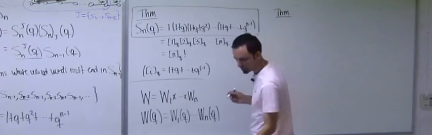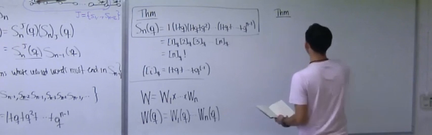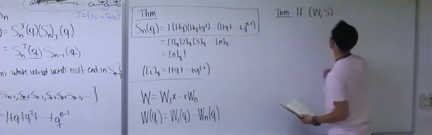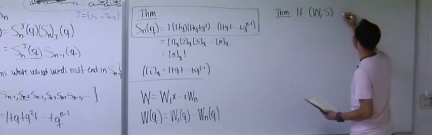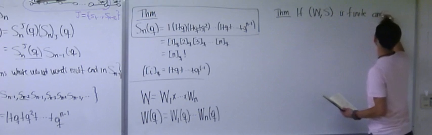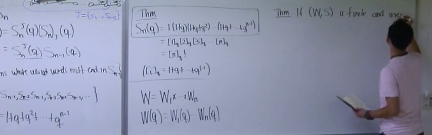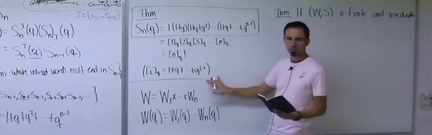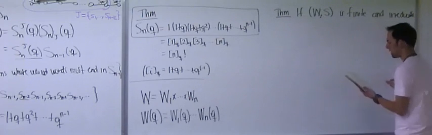Here's a theorem. Let's say that we have a Coxeter system which is finite and irreducible, where by irreducible I mean exactly this, that it can't be factored into smaller things.